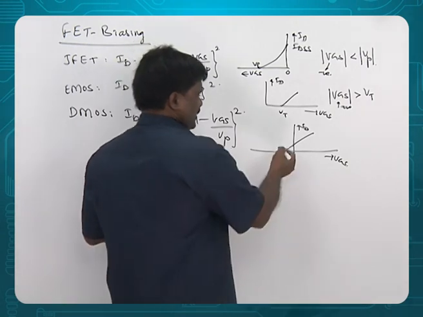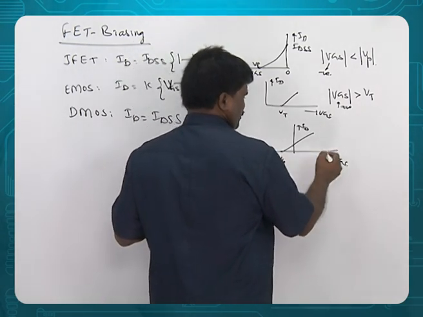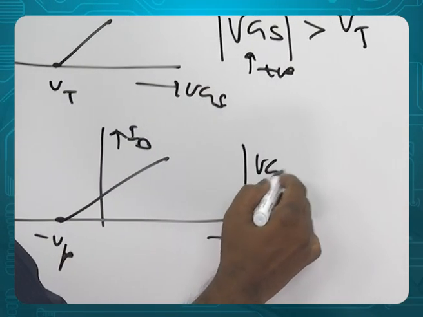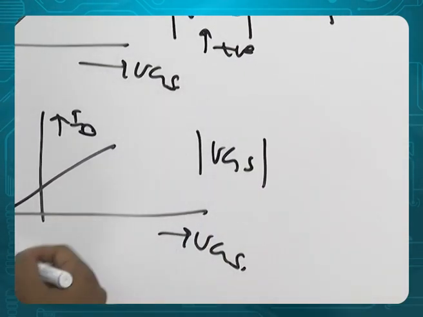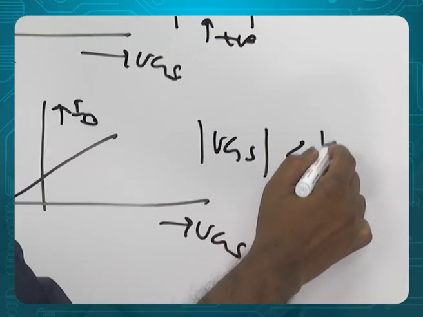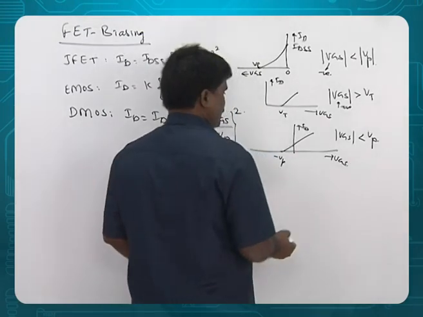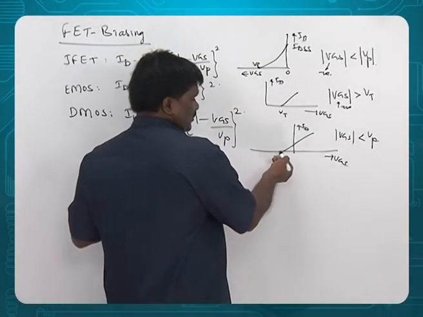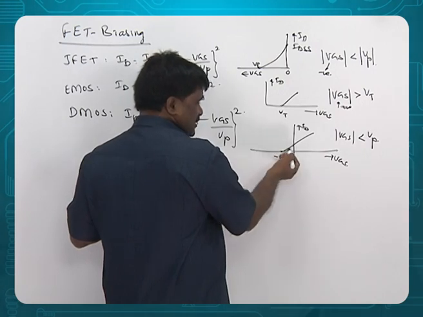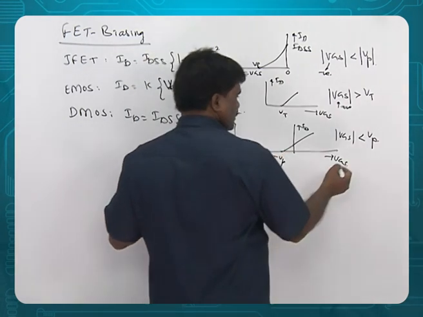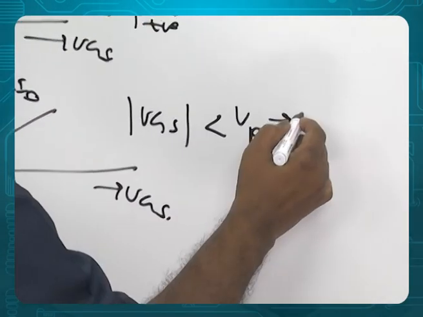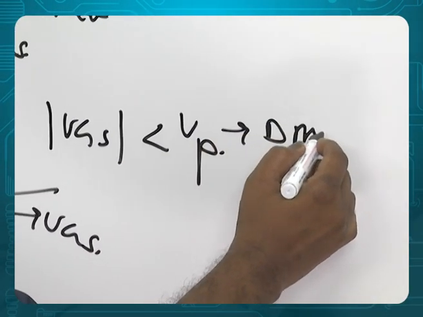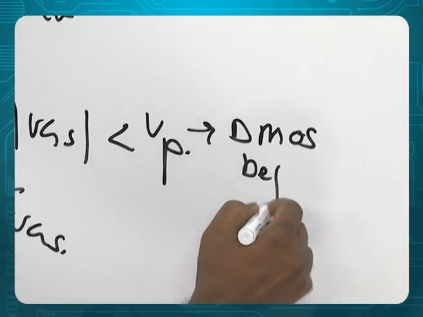Similarly, here this can be any value, but the modulus should be less than VP, because if you take more than this, you are at this. So this is generally for depletion mode.